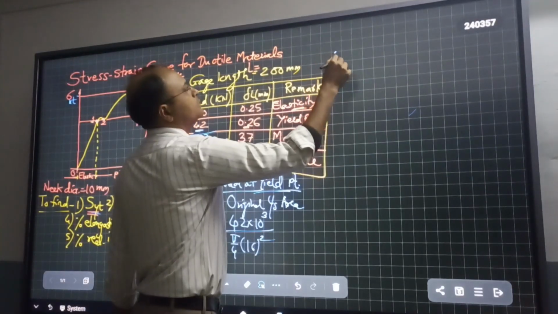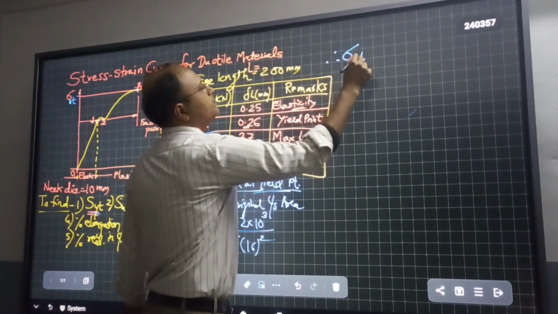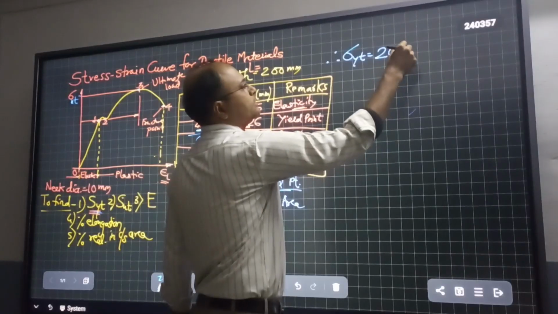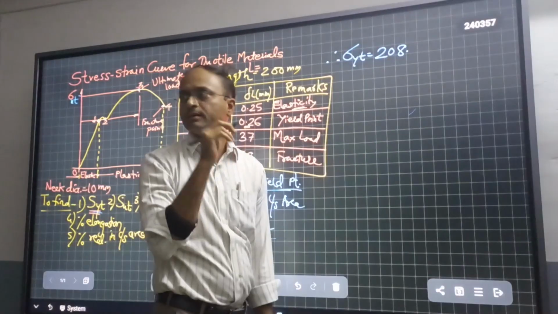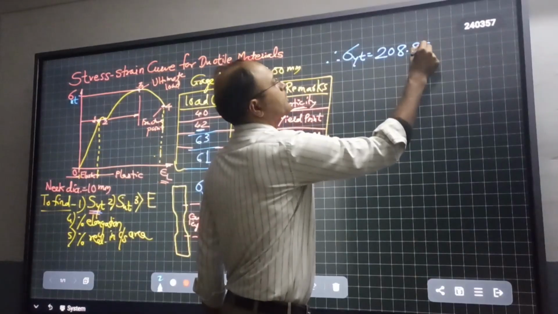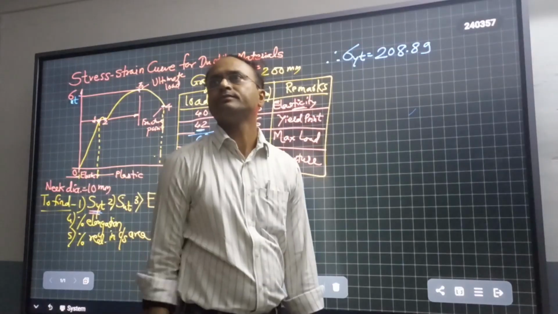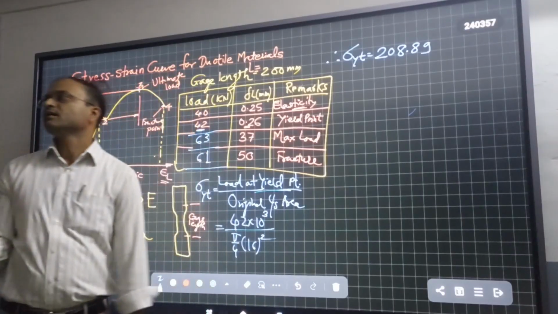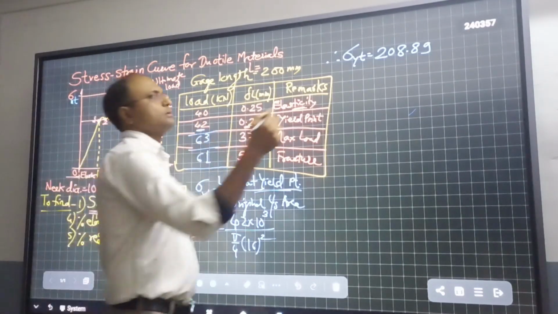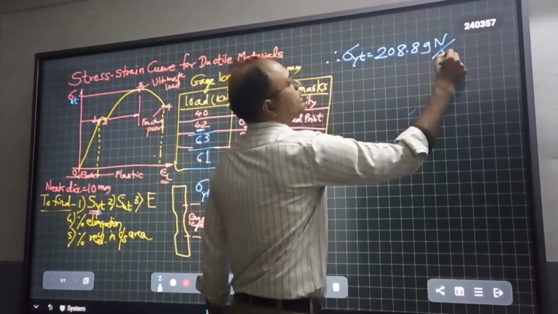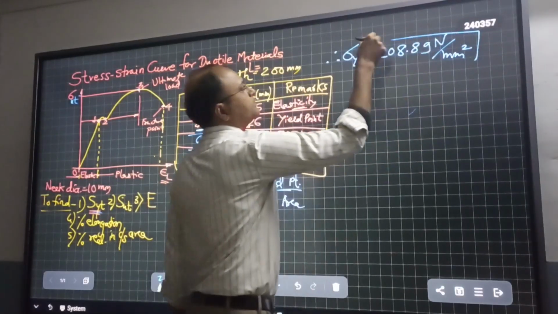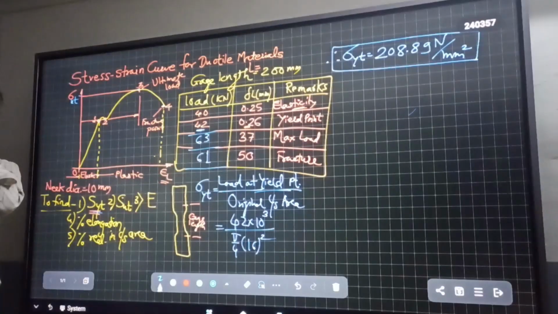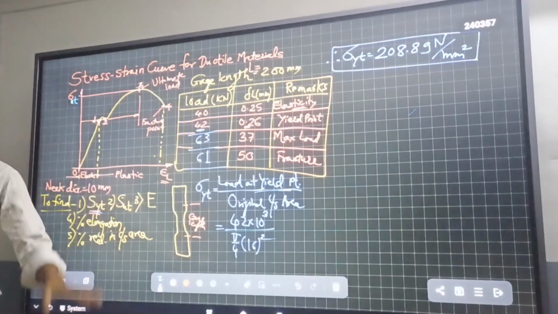Therefore, sigma YT is equal to 208.89. What is the unit? We have solved so many numericals. Newton per mm square. This is yield stress in tension, or simply yield stress.